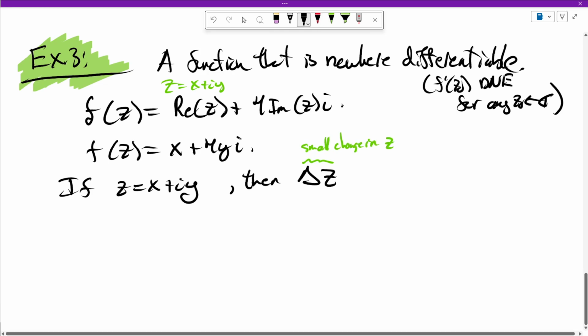So what should a small change in z be if x plus iy is? Well, a small change in z should correspond to a small change in x plus i times a small change in y.